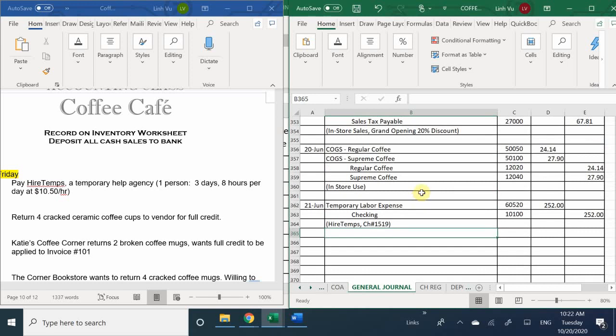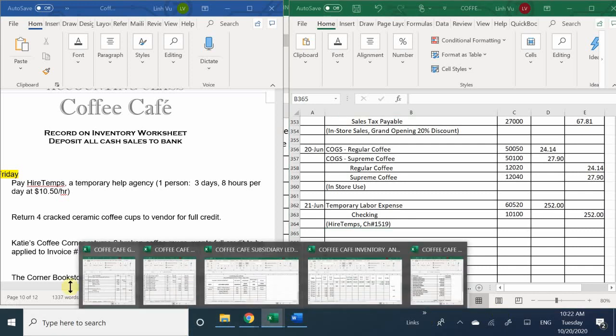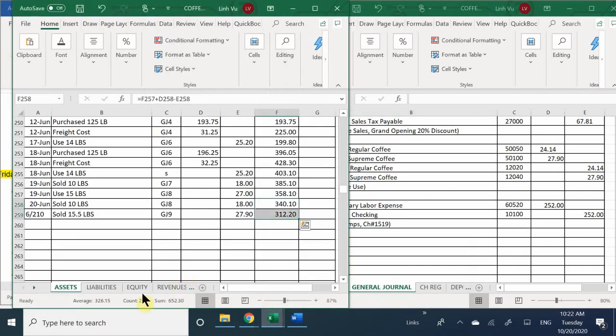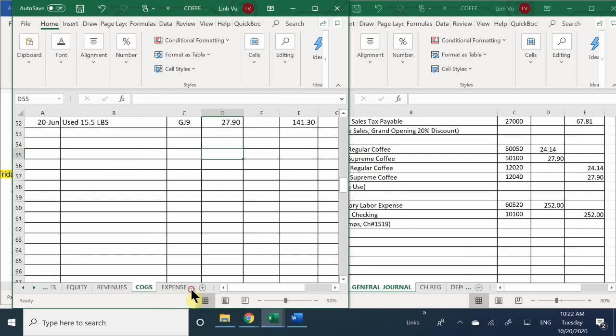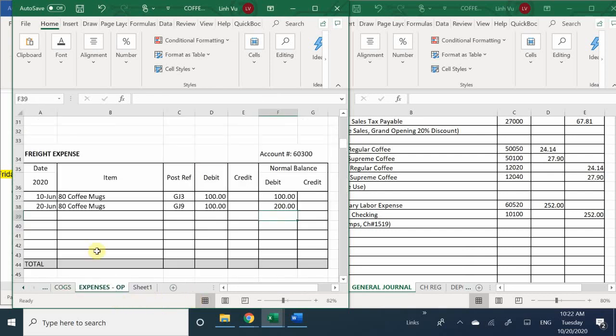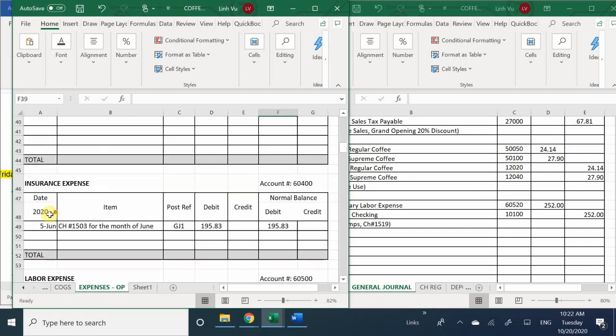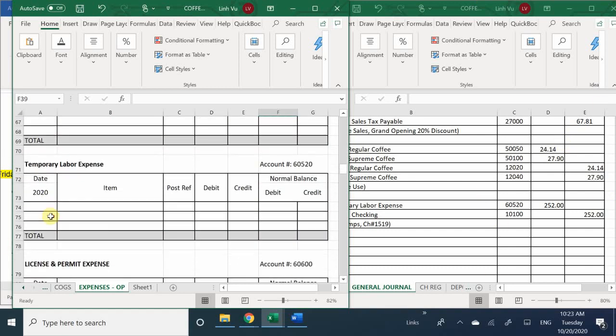So where do we need to go now? Ledger. Okay. So this is an expense for operating expenses. This is going to fall under the category of labor expense.